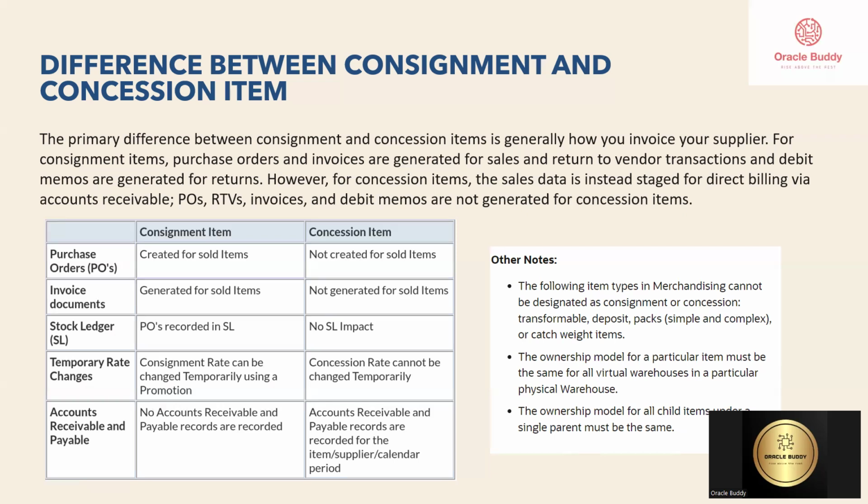In the data model, it will be 0, 1, and 2. So 0 is for the normal items, and 1 and 2 are for the consignment and concession items. All the items under those departments will let you know whether it belongs to a consignment item, a concession item, or a regular department.